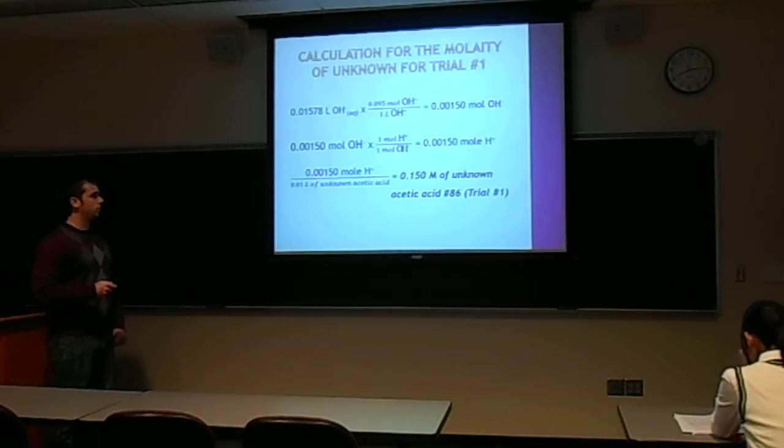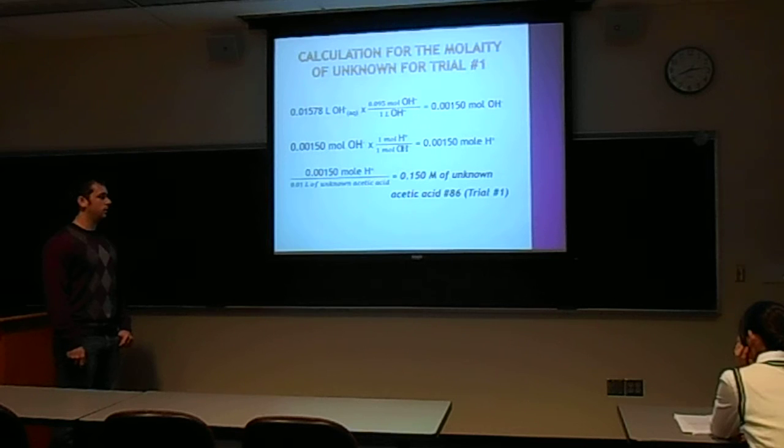Then we used the stoichiometric ratio to find the moles of the H+, and then divided by the liters of the unknown acid that we used. I found the molarity of this acid to be 0.15 molar.